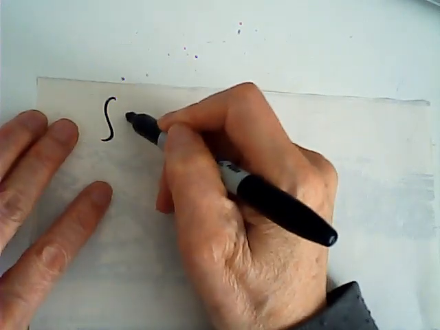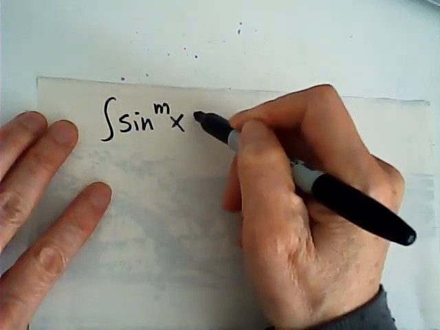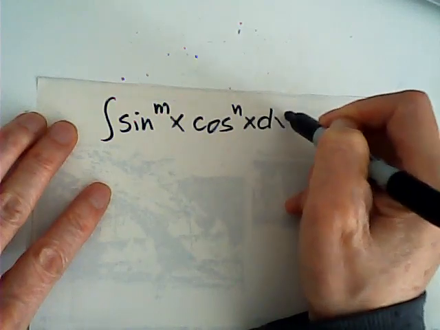So the next one is the combination of sine and cosine. Integral sine m x cosine n x.